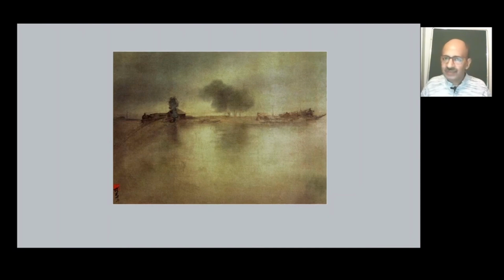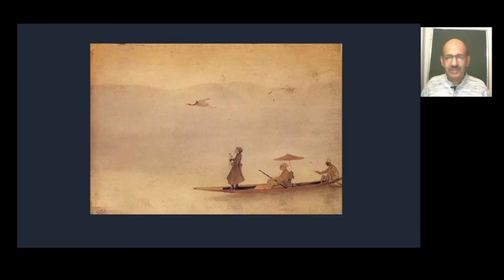Why don't you derive that also? Therefore, the revivalist school that we are talking about, the Bengal school, the nationalist art movement we are talking about is not necessarily or only rooted in Indian cultural traditions.